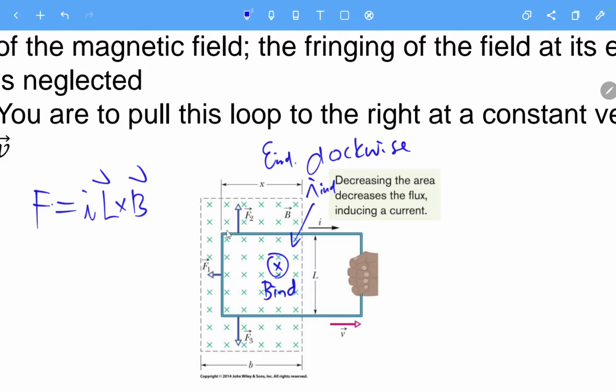Okay, so let's consider this wire first. For this wire, we have I pointing to the right side, which means that L is also pointing to the right side. And then L cross B: L is pointing to the right side, B is pointing into the page, so we have F2 pointing upward. For this one, it is out of the B field, so there is no force acting on it.